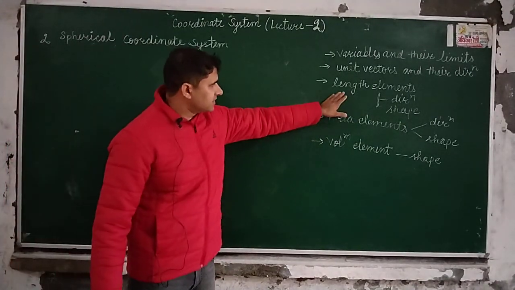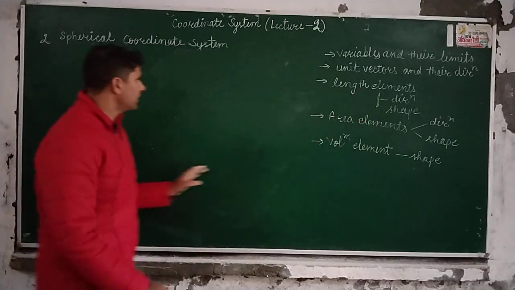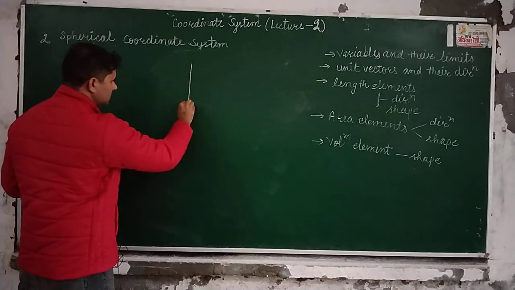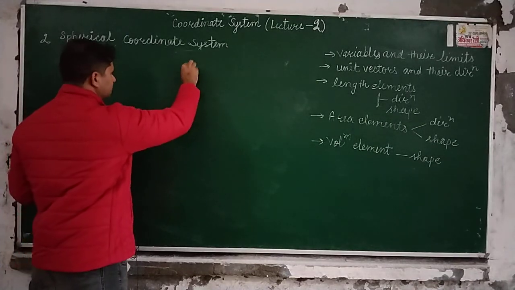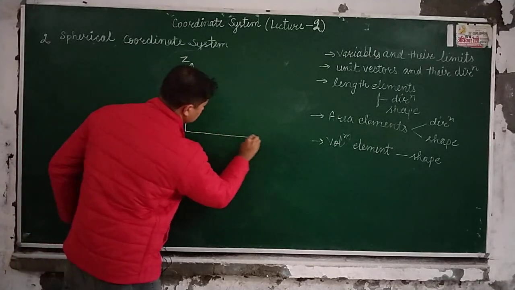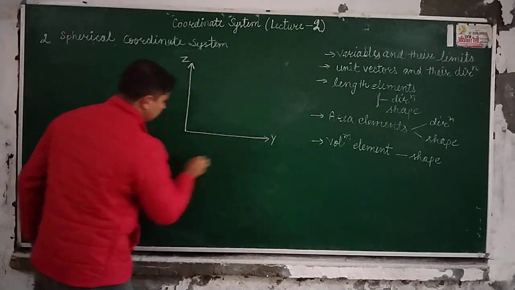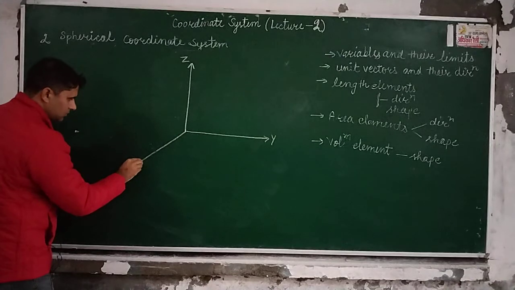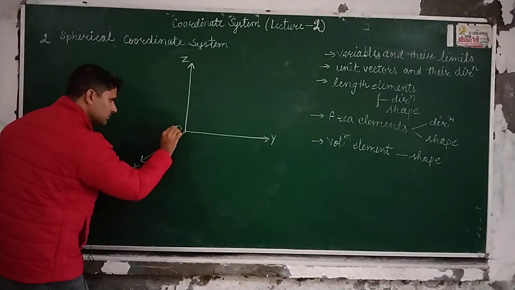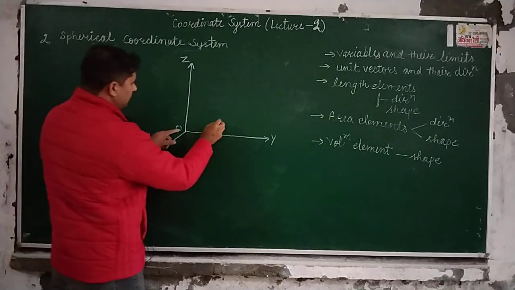Students, now we will discuss the length elements, and for that I am making the diagram again here. This axis is the z axis and this axis is the y axis, and here we have the x axis, and this is the reference point.